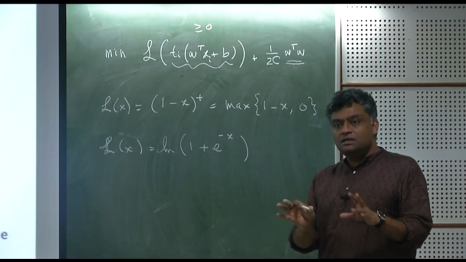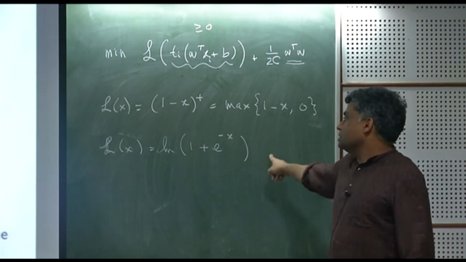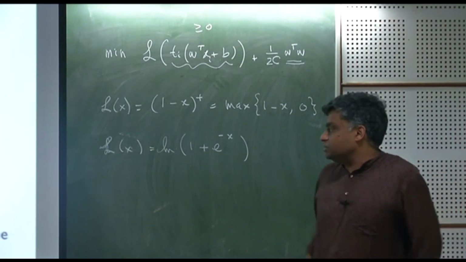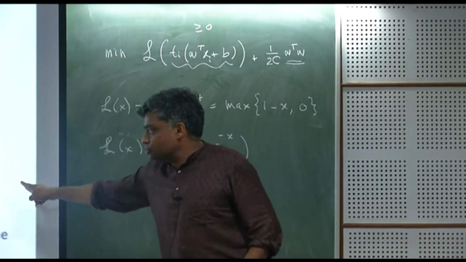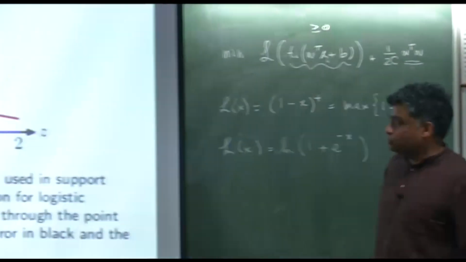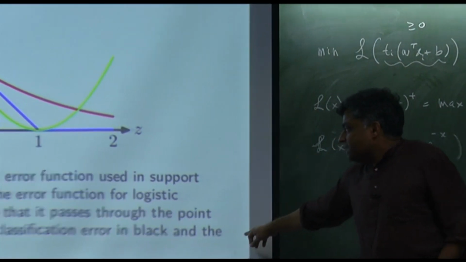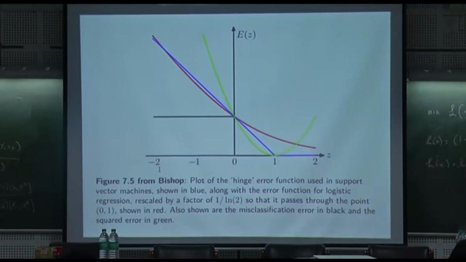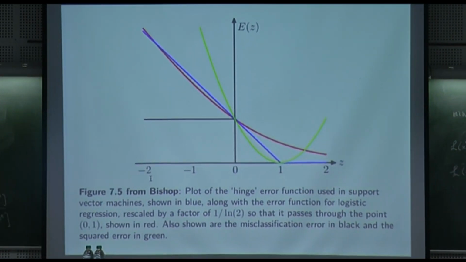So the point that I want to make here is that all of these things are basically trying to attack the same thing. There are different ways of classifying. You can do logistic-based classification. So blue is the hinge error function in support vector machine, shown along with the error function for logistic regression, and then also misclassification in black and squared error in green. This is what it's calling green, but it looks yellow to me. So that one is the squared error.